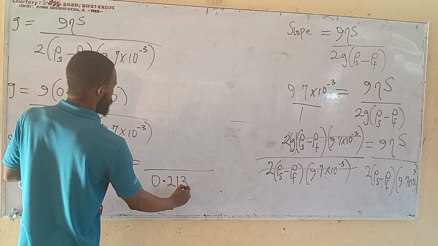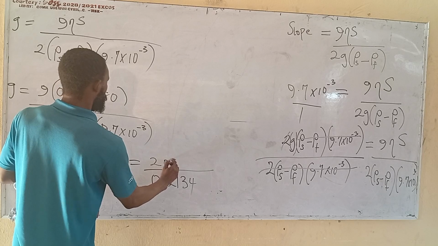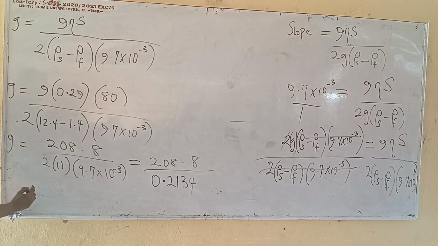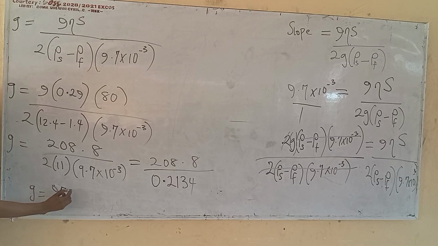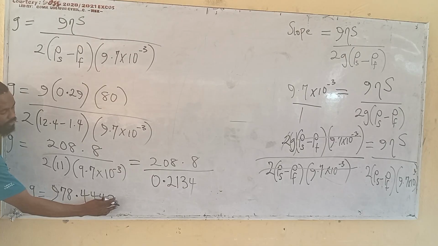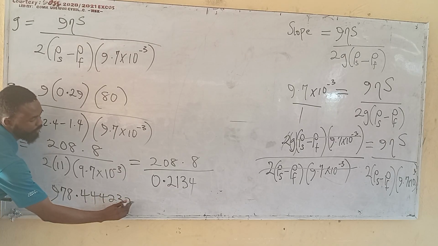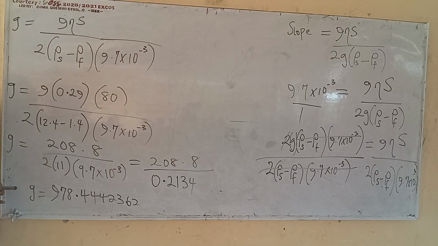Okay. Show me what do you have? 978.44. 978 point 44. Finish. Okay.